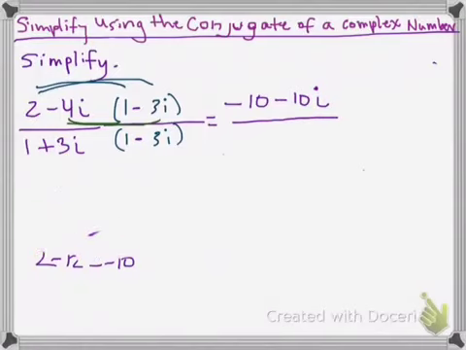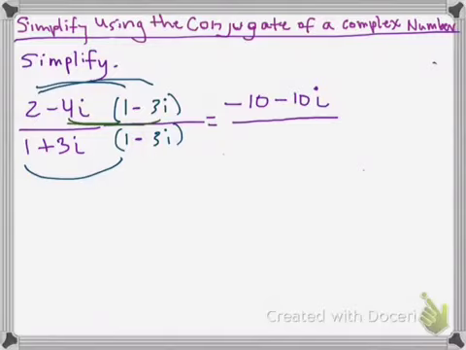And now let's do the denominator. Now the cool thing about the denominator is because I used the conjugate, I don't need to multiply all 4 times. I just need to multiply the first terms and the last ones. And that's because when you multiply by a conjugate, the middle terms end up being opposites and turning to 0.